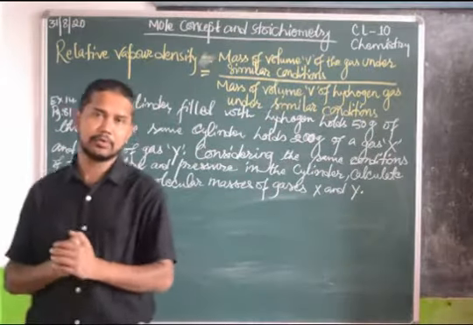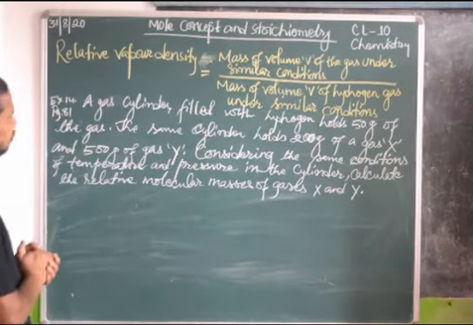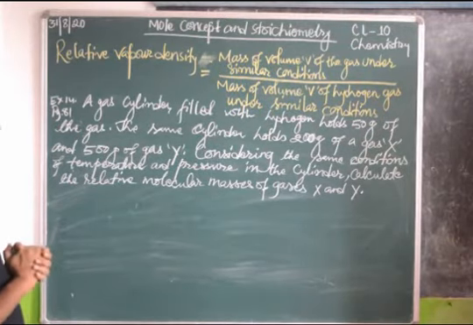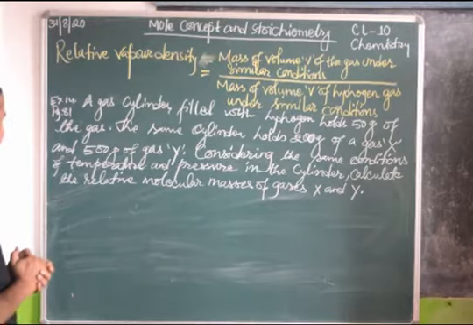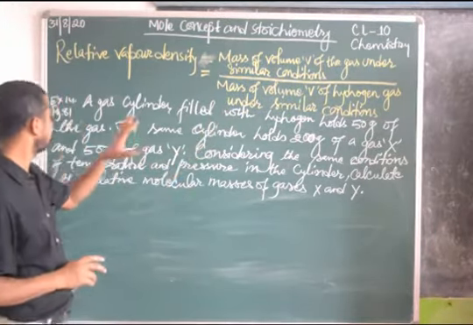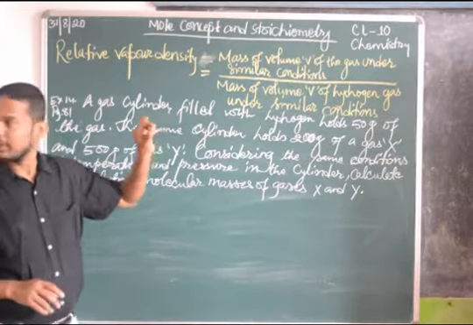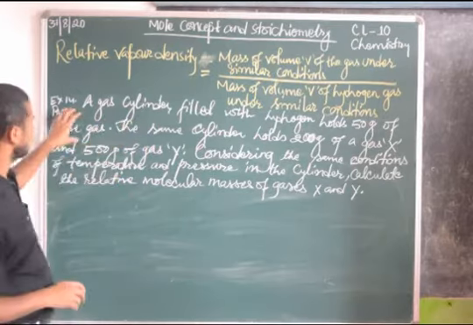So, example number 14 of your book. A gas cylinder filled with hydrogen holds 50 gram of the gas. So, in a cylinder, there is 50 gram of the gas.